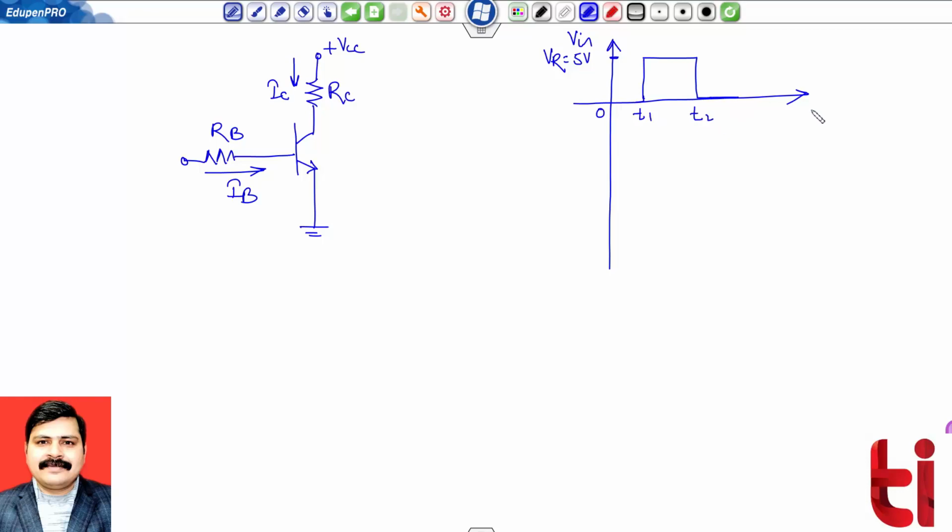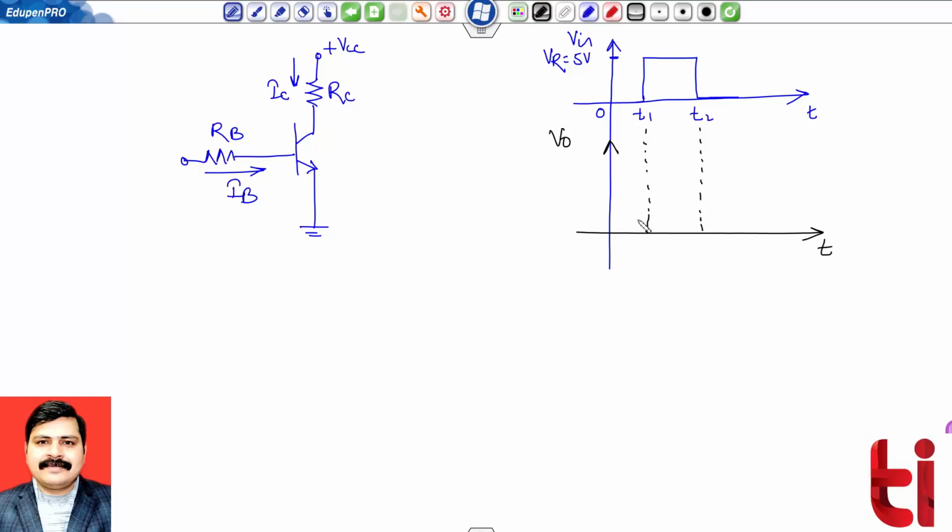And I have shown three intervals over here. From 0 to T1, there is no input signal. The input signal is available between T1 and T2 only. And I want to check the corresponding output. Initially I am considering the ideal case, where I assume there is no delay, and at the same instant I receive the output.